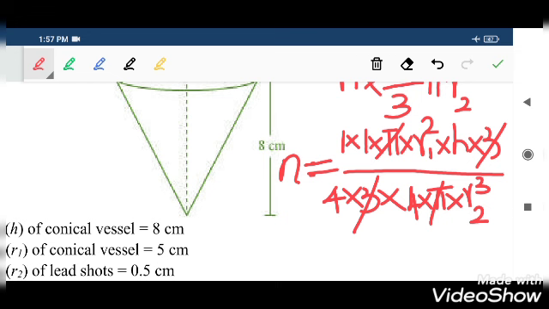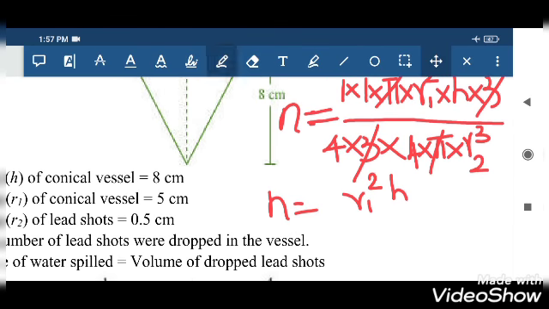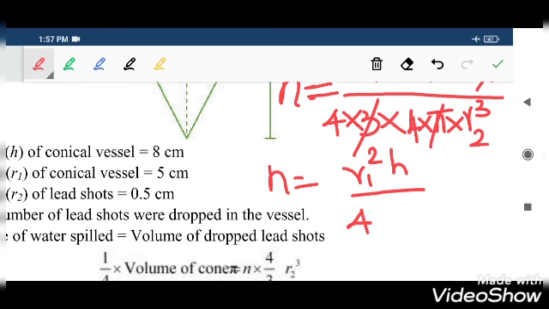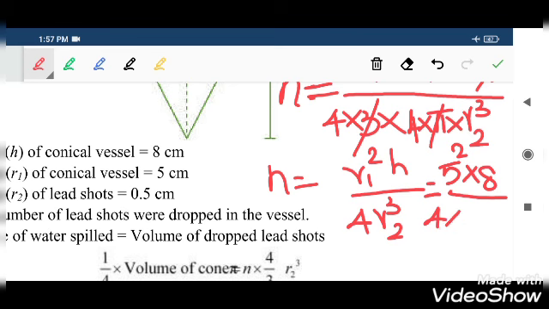What is the content remaining? So n is equal to r1 square h divided by 4 r2 cube, which is equal to r1 square, which is 5 square, into 8 divided by 4 into 0.5 whole cube.